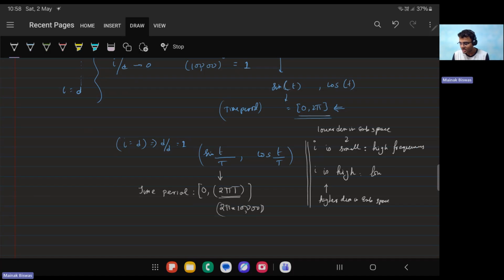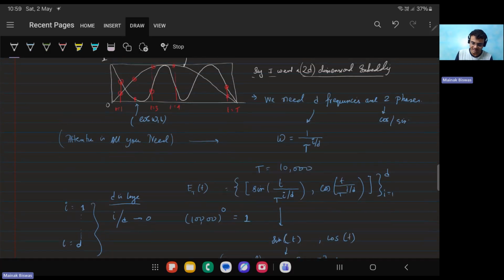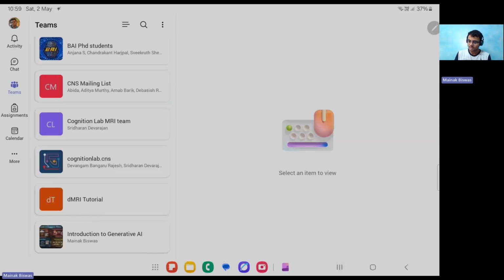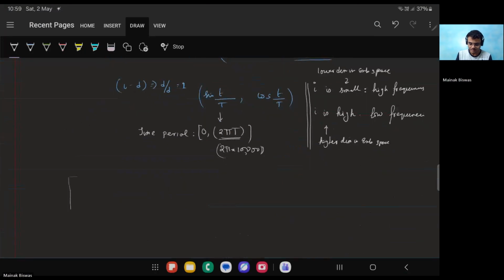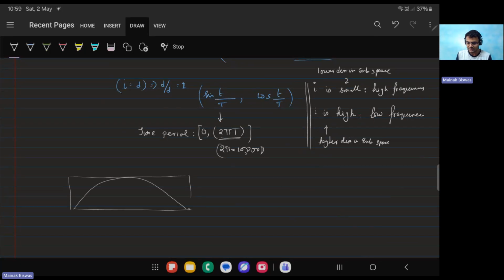So these are low frequencies, and they represent something like this. You'll have one graph like this, which is I equal to D, and the other one would be something like this. I'm plotting both the sines over here, and say this is I equal to 0.